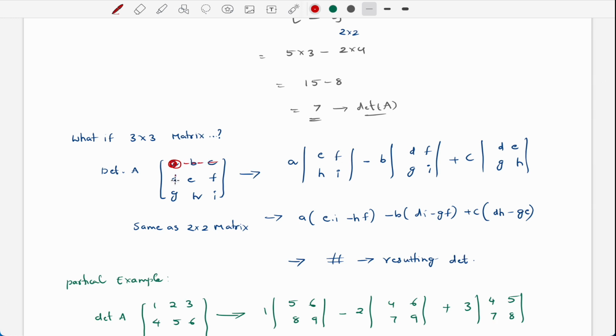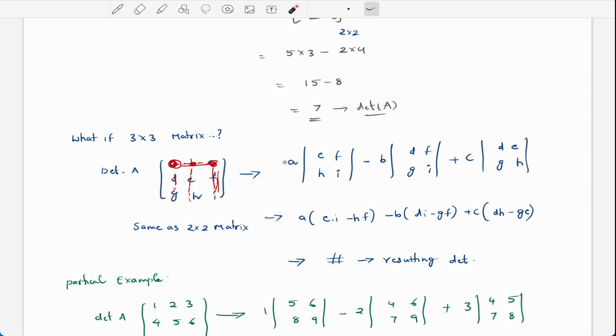Then we take b, close its row and column, and take the remaining part, d, g, and so on. Then we take c, close its row and column, and take the remaining part.